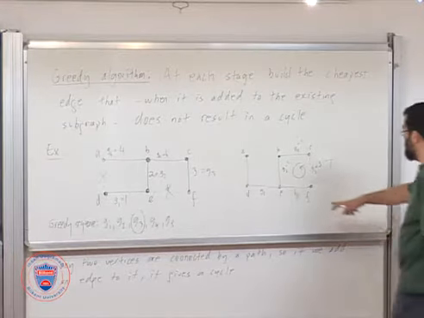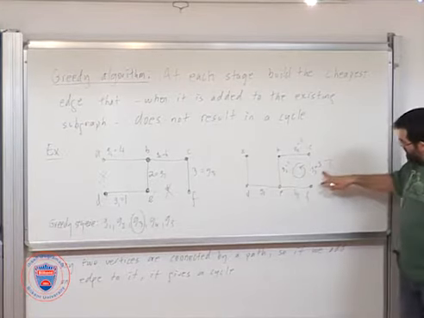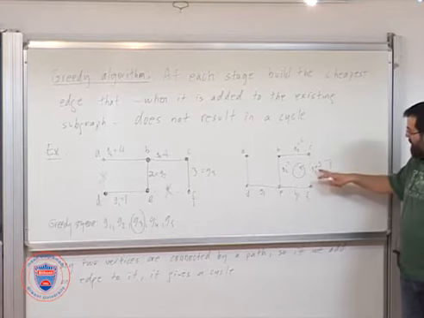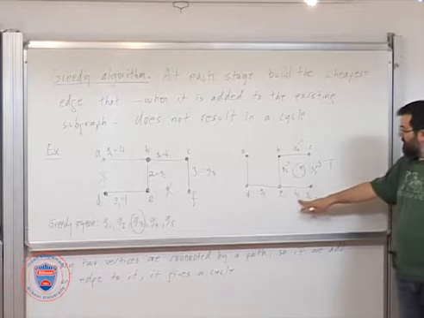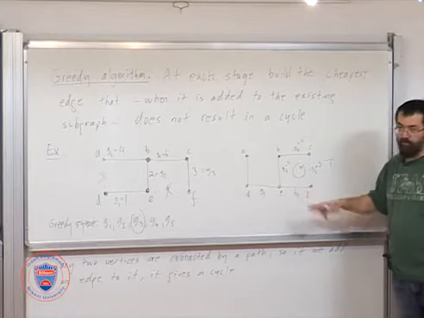So in this T, there was 6, which is more expensive than the greedy edge on this cycle, right? So I'm saying that there will always be some edge which is more expensive.